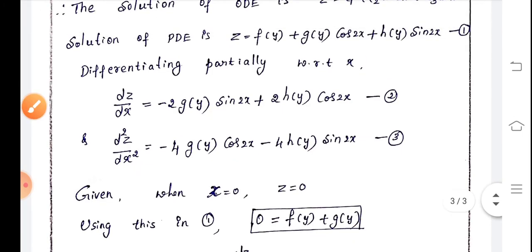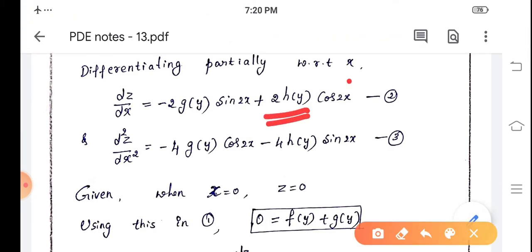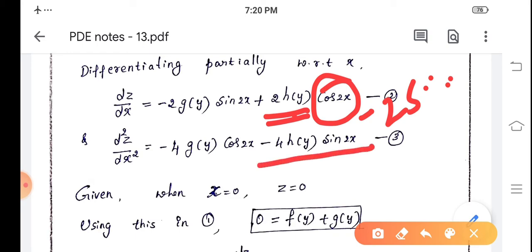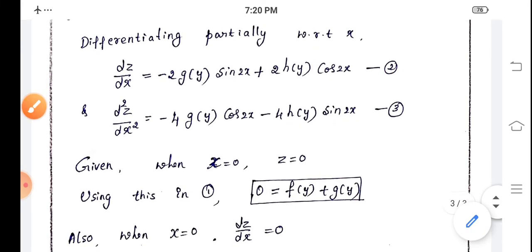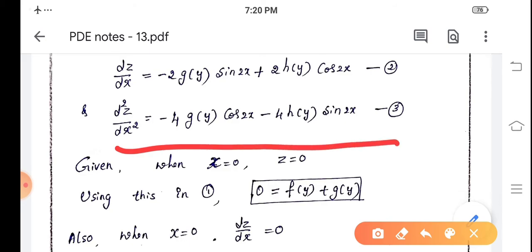Then plus 2 h of y constant, partial derivative of cos 2x with respect to x is minus 2 sin 2x. Now it will be 2 h of y into minus 2 sin 2x, that will be minus 4 h of y sin 2x. So ∂²z/∂x² is minus 4 g of y cos 2x minus 4 h of y sin 2x. Take it as equation 3.